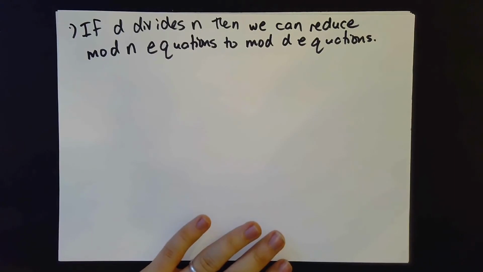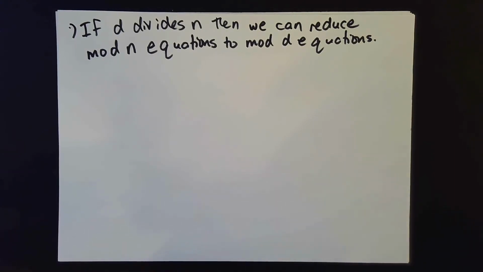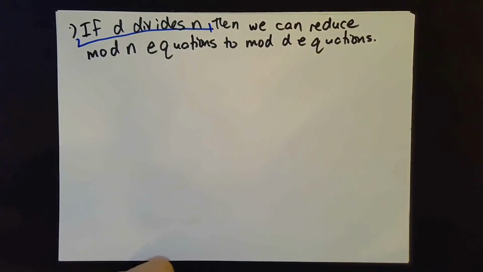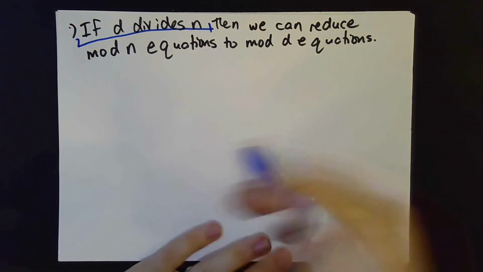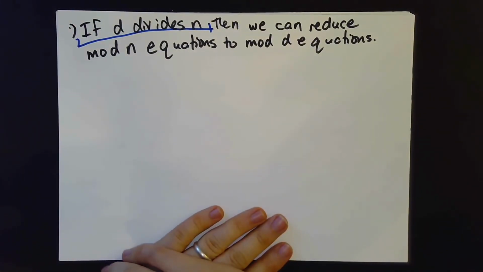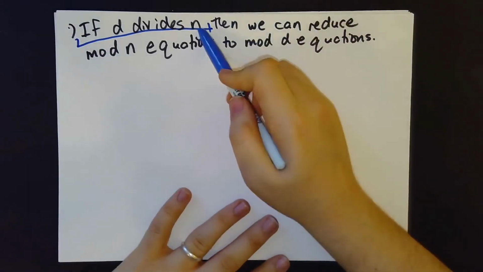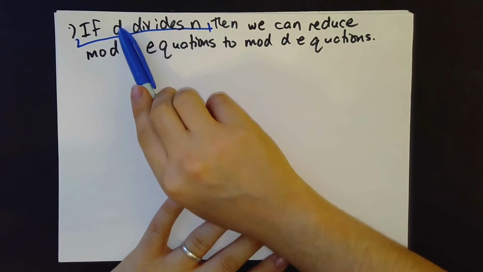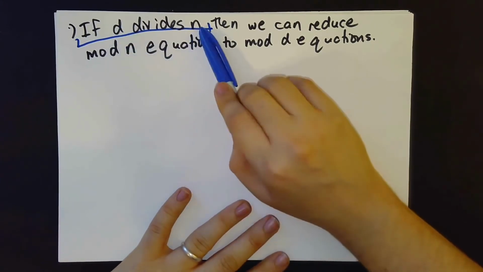Note, this hypothesis here is really important. So in particular, if you have a mod 12 equation, you cannot reduce it mod 10, because 10 does not divide 12. The reason why this works when d divides n is that the mod d buckets are all unions of mod n buckets.